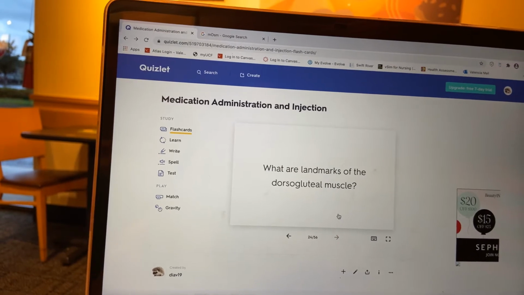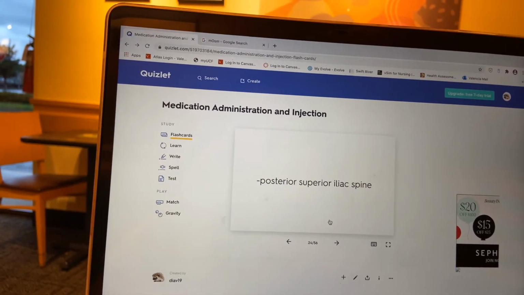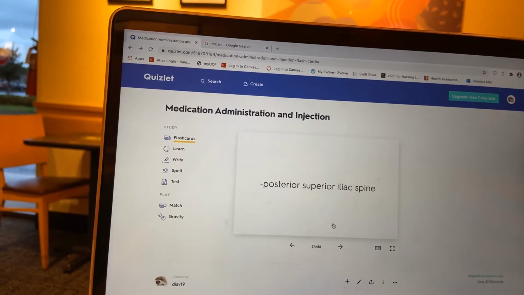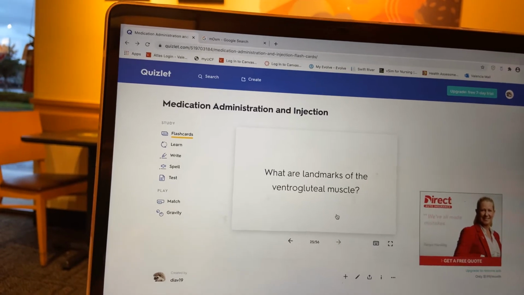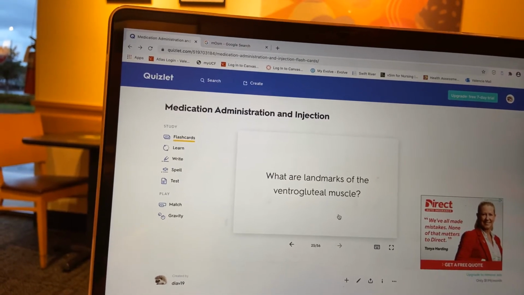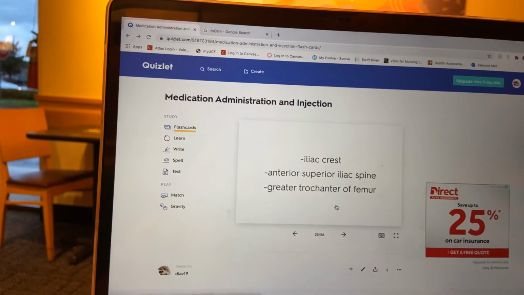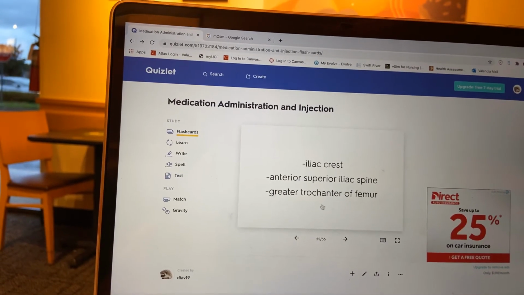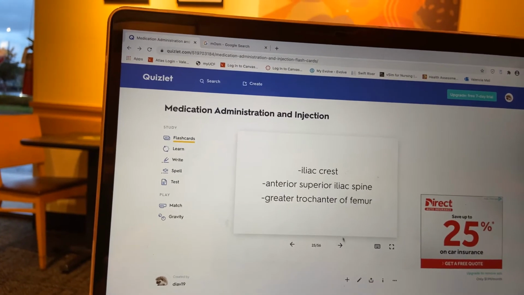What are landmarks of the dorsal gluteal muscle? The posterior superior iliac spine. What are landmarks of the ventrogluteal muscle? The iliac crest, anterior superior iliac spine, and greater trochanter of the femur.